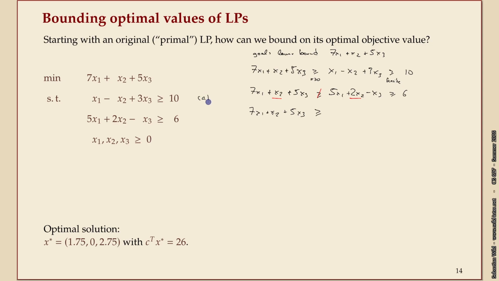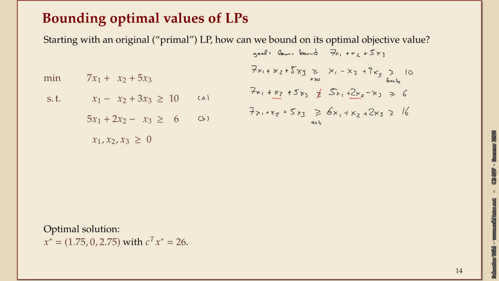Let's call them A and B, and I'm doing A plus B. Then I get 6x1 plus x2 plus 2x3, and the sum of the right-hand sides is 16, which is better than my 10 from before. So I've made some progress. Aha, how far can I push this?